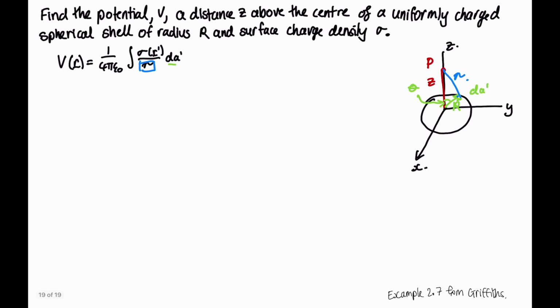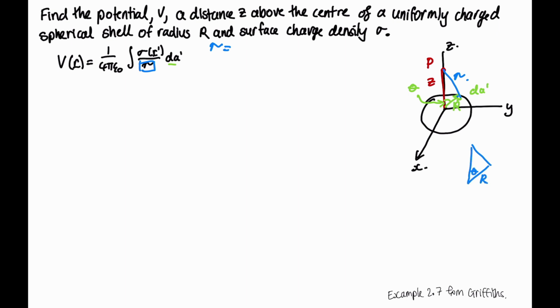So considering this diagram, let's write down what we know to substitute into this expression here. We know that our curly r, which is this side here, we can use the cosine rule for that, because this isn't a right angle triangle, but we've got the angle theta in here.